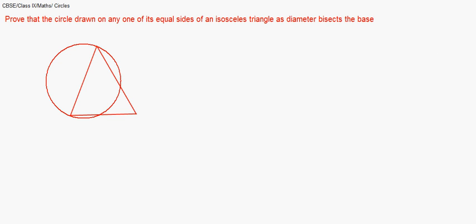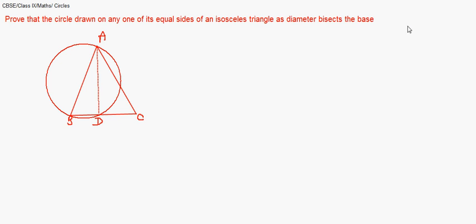This is the diameter, which is named AB, and this might be the C. We have to show that the base is getting bisected, so I'm dropping AD to BC.